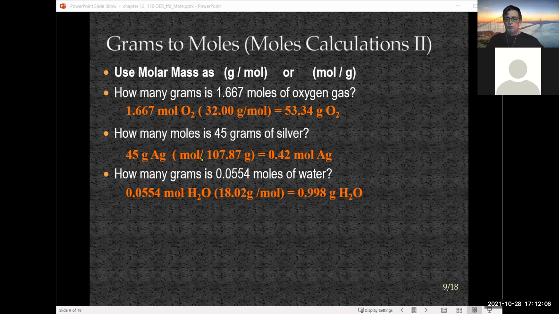Because if 1 mole weighs 18 grams, and we're like 1/18 of a mole, because 18 grams is 1 mole, and we calculated 0.9 grams per 0.05. So it's a small number, but the molecules is still a fairly hefty number of molecules.